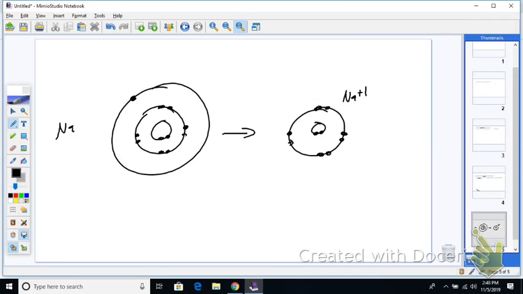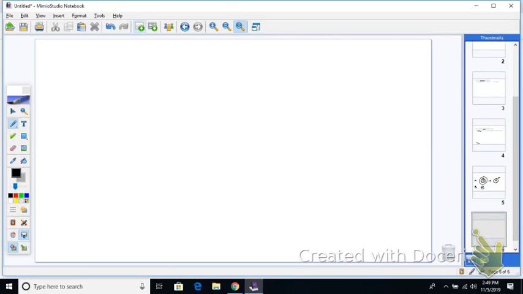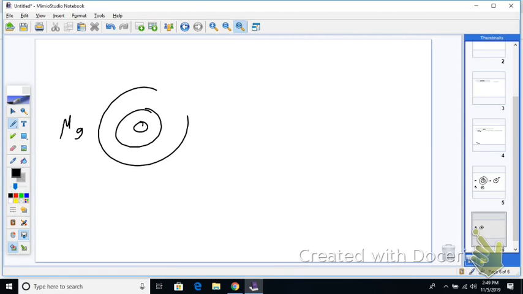Okay? So if we have magnesium, magnesium's in that same row. So we have magnesium start out. And it starts out with 2 electrons out here.